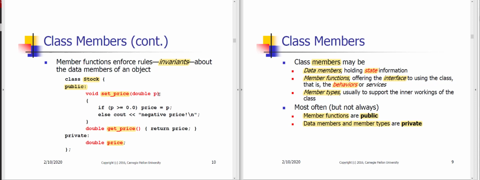If I attempt as an application developer to set a negative price for a stock, when I call setPrice, within the implementation of setPrice, we'll discover that the price I've requested is negative. The test is going to fail, and I'm going to drop down to the else part and display an error message that I'm trying to set a negative price.